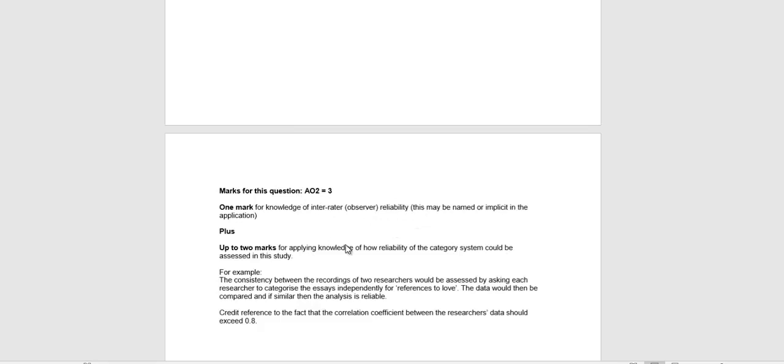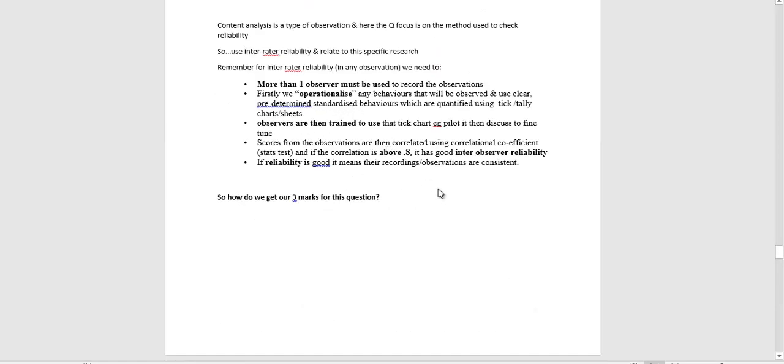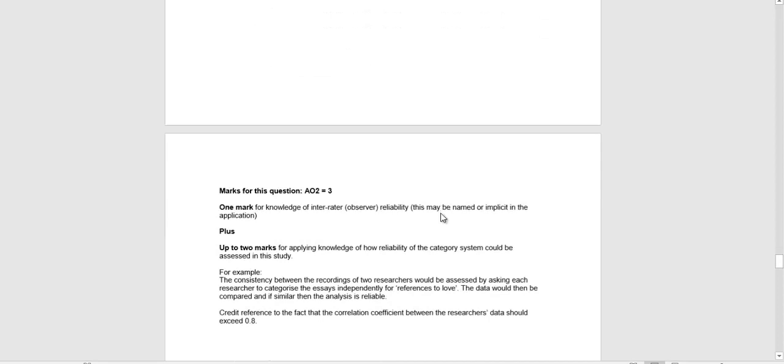Literally naming that will get you credit, which shows how important it is that you use correct terminology. Then we need to link it to this particular study and use a little bit more terminology to get our other 2 marks, using some of this information, but bearing in mind the stem.